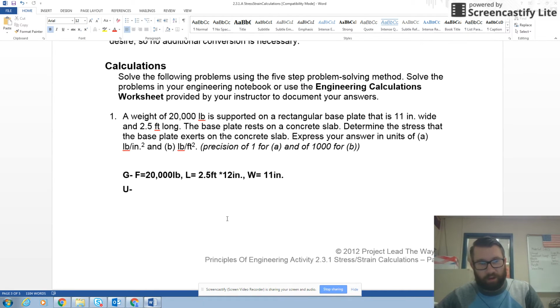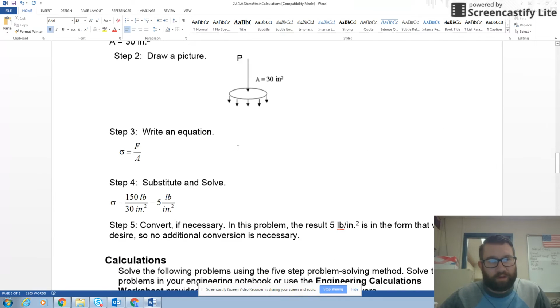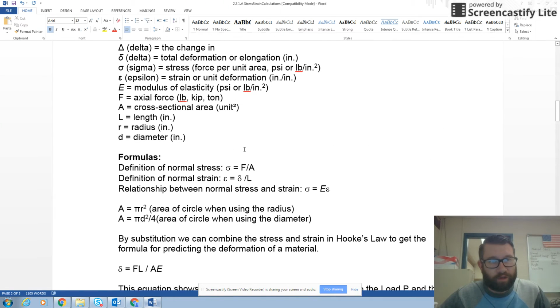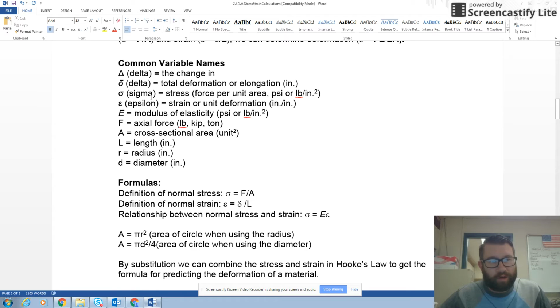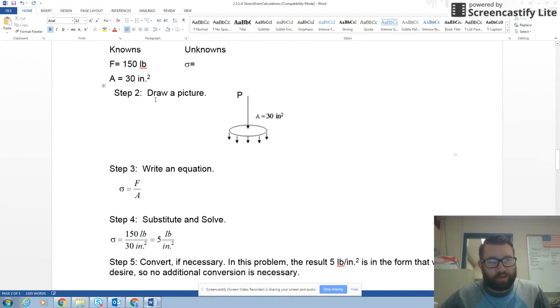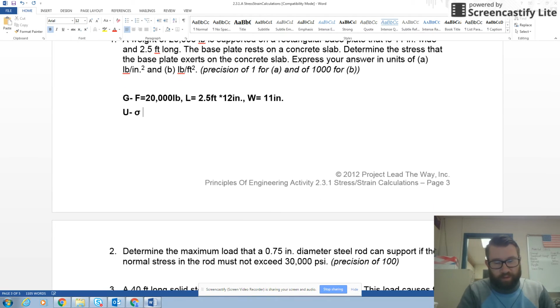If I hold down Alt 229, I get the Greek letter, which if I look up here, is the lowercase sigma for stress. So I'm going to put that in parentheses: Greek letter sigma for stress.